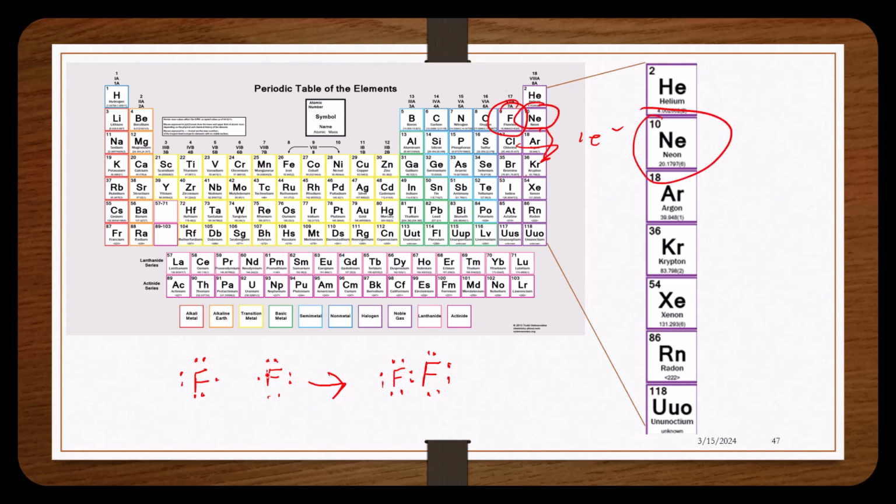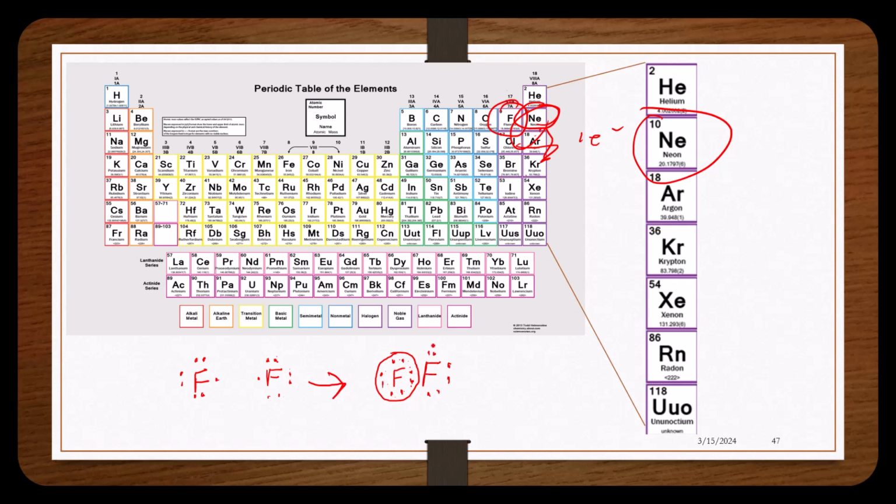And you can see the fluorine has 1, 2, 3, 4, 5, 6, 7. And with covalent bonds, all the electrons that are shared count towards getting to the noble gas. So this fluorine would count all of these electrons that are shared, giving it a full octet. So it would have 1, 2, 3, 4, 5, 6, 7, 8 valence electrons.